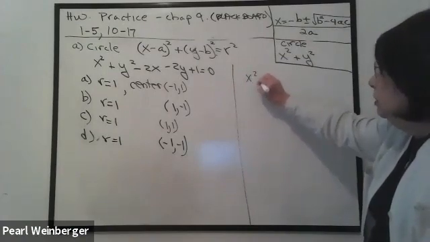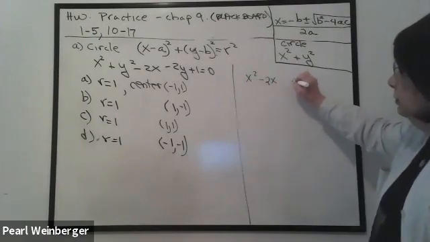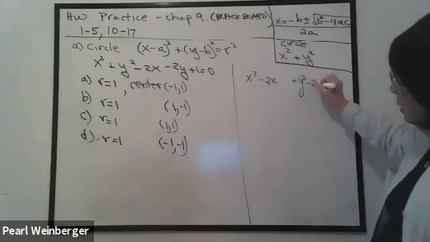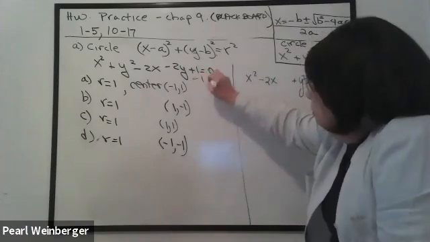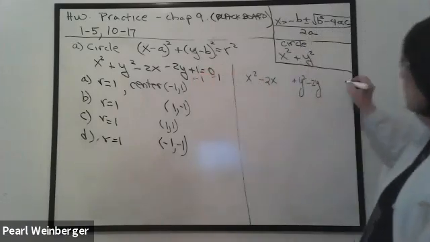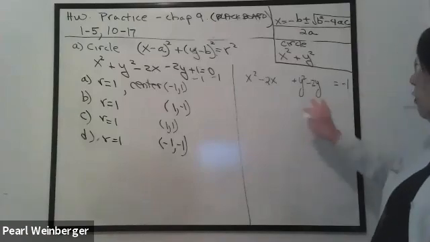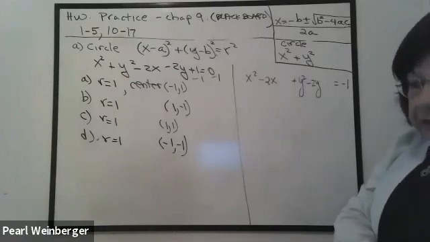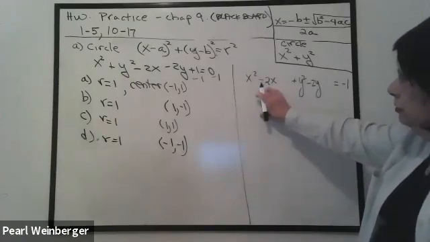I'm going to put the x squared minus the 2x and leave a space, plus the y squared minus 2y and leave a space. And this 1 I'm going to bring to the other side, because I want only the variables on the left side. And then I'm going to complete the square.